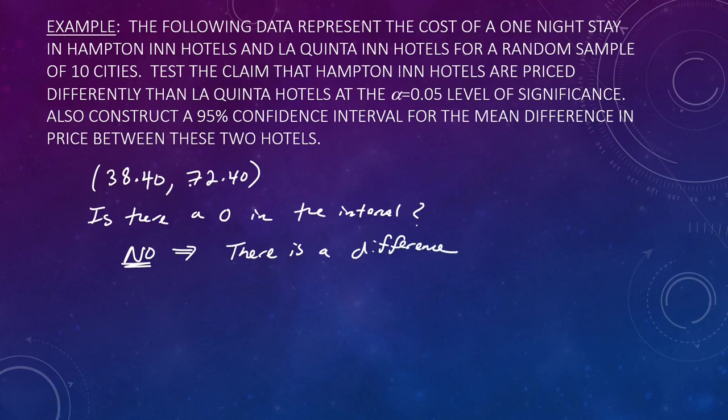Since both of these numbers are positive, that implies that one of the hotels is priced more expensively than the other. Recall group 1 was the Hampton Inn hotel, and group 2 was the La Quinta Inn hotel.